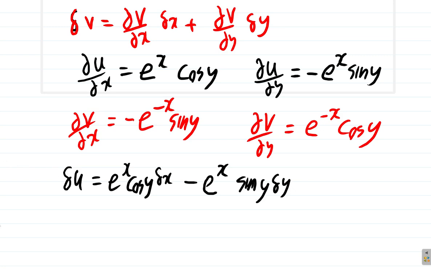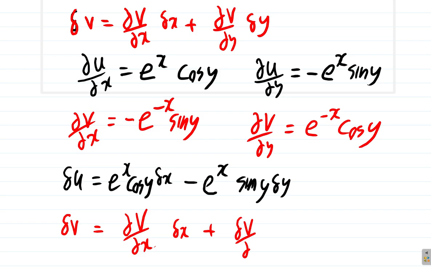Now, what about del v? The small change in v is equal to the partial derivative of v with respect to x times a small change in x plus the partial derivative of v with respect to y times a small change in y.